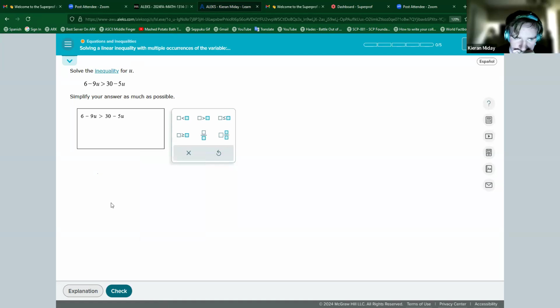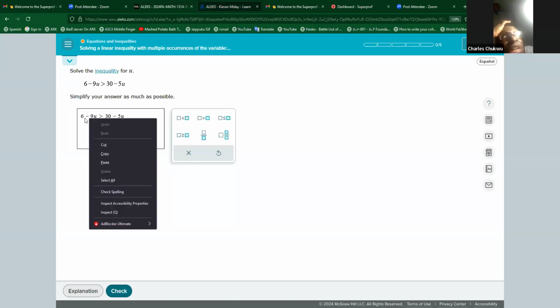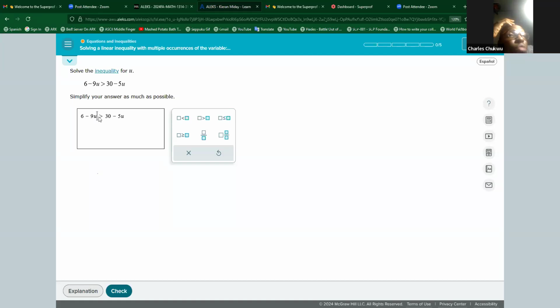For this, what I usually like doing is to have the variable on the left hand side if I can. If I take minus 5u to the other side, that's going to make it a plus 5u, right? So that's going to be minus 9u plus 5u. Minus 9 plus 5 is going to give us minus 4.